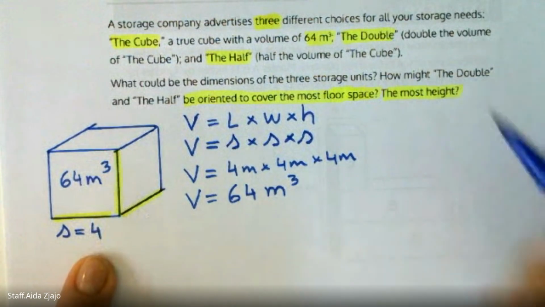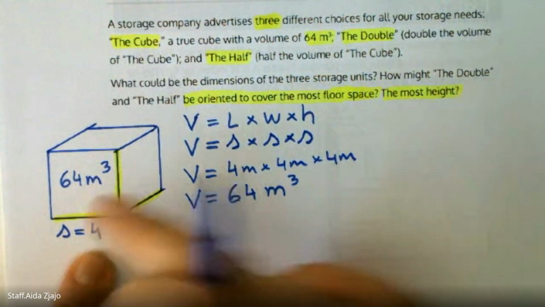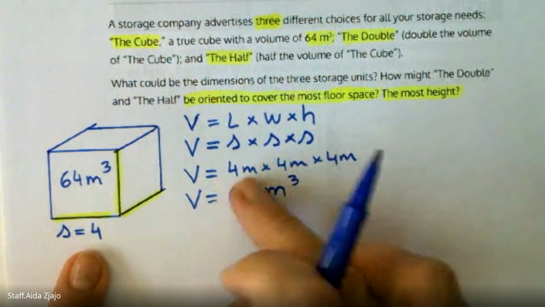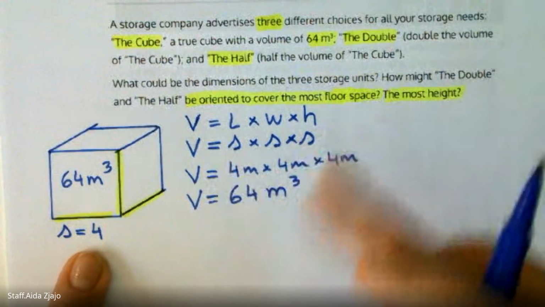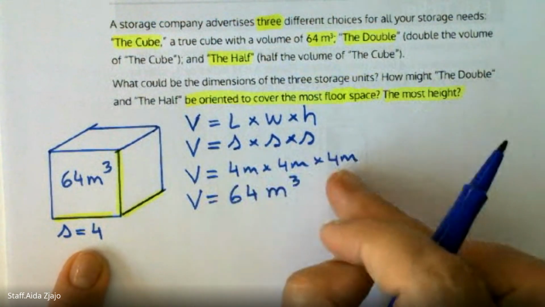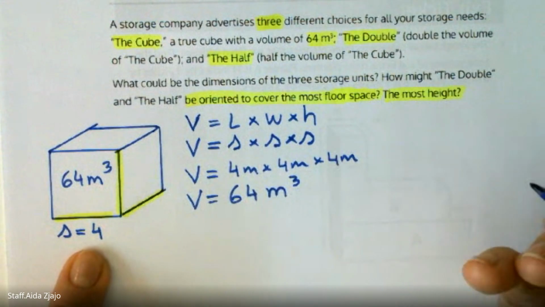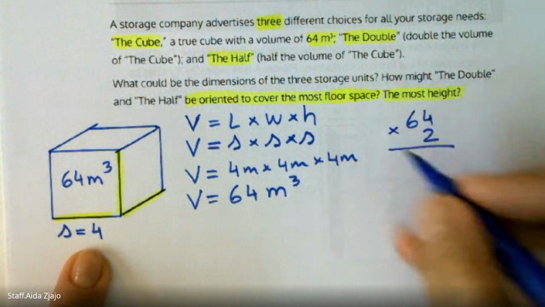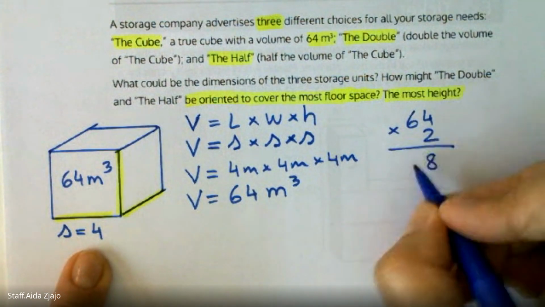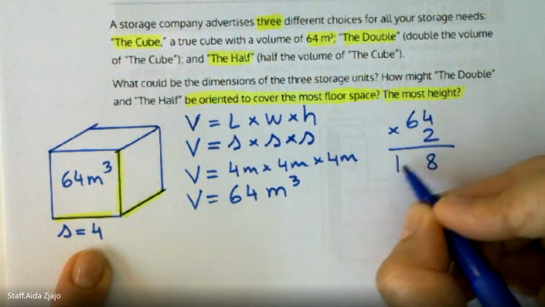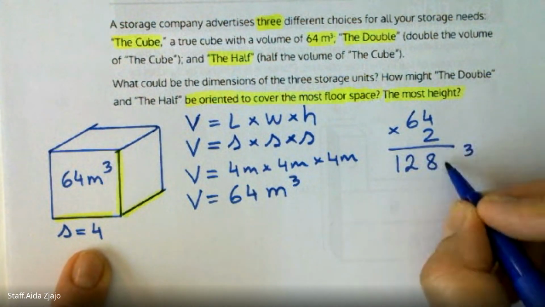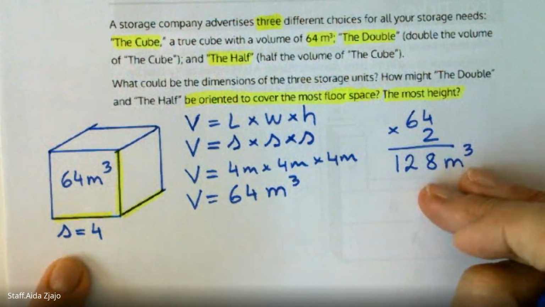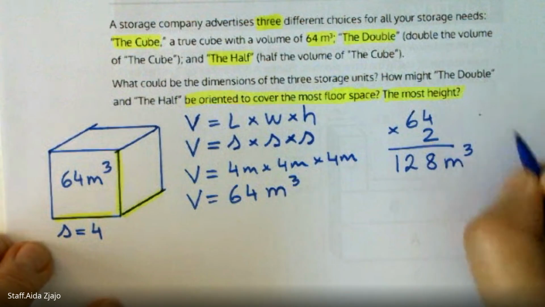Or we can double one side: 4 times 2 is 8, so it would be 8 times 4 times 4, or 64 times 2, double the volume, that is 128 cubic meters. So the next box is going to be 128, and this is the double.